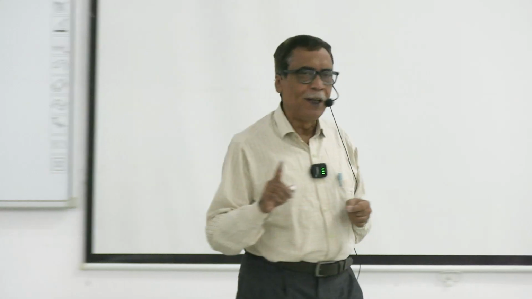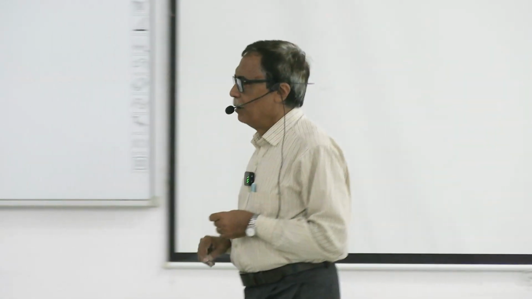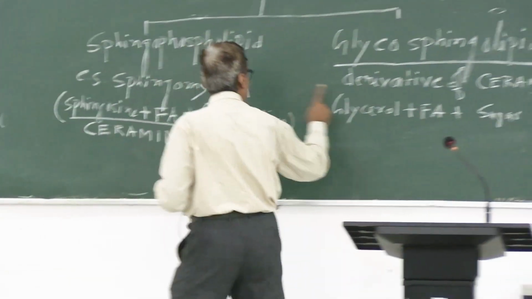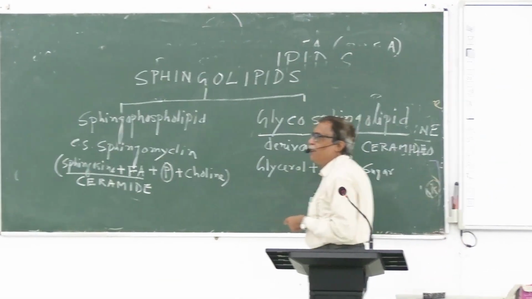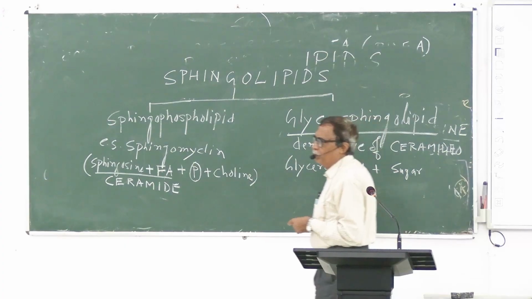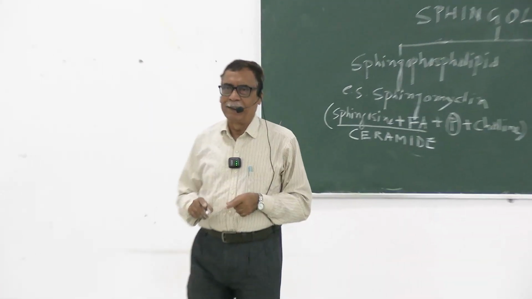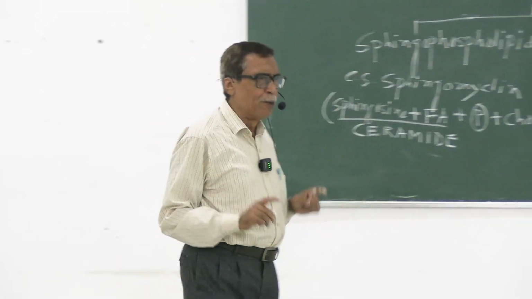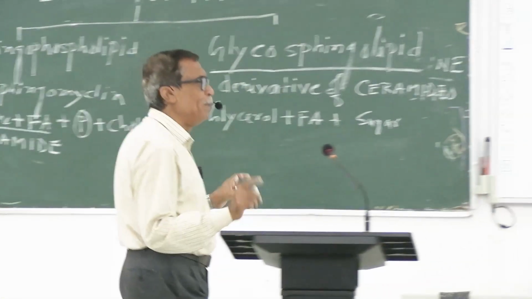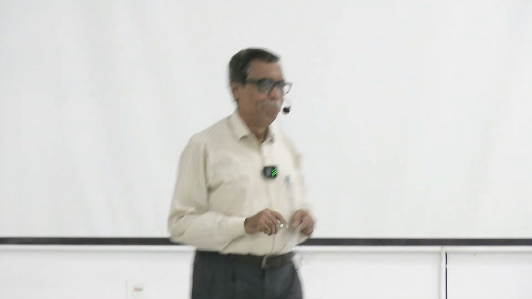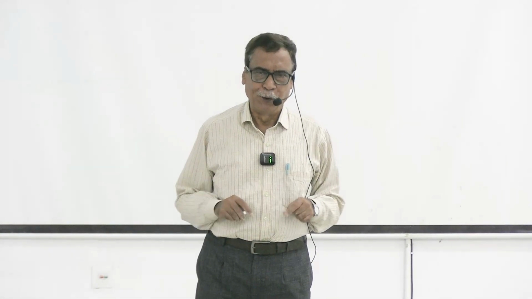So, it is known as glycolipid. It is not phospholipid, it is glycolipid. Glycosphingolipid and glycolipids are more or less the same in our body. All the glycolipids in our body are practically glycosphingolipid containing sphingosine backbone.